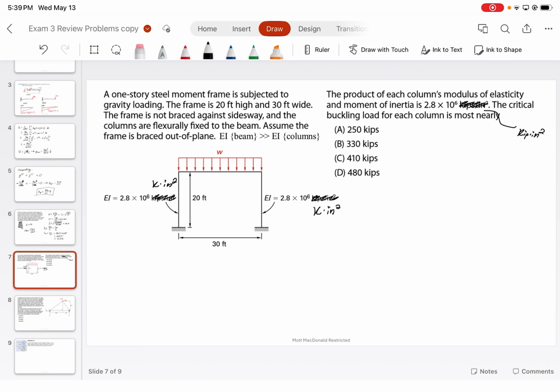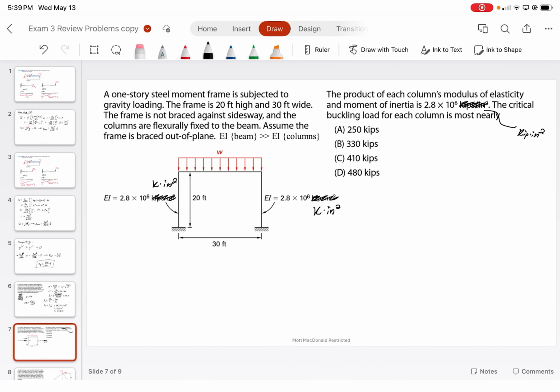Is there going to be a frame problem on the exam? This is not even a frame problem. Think about it, it's actually a column buckling problem. And no, there's no frames on the exam, because frames are a little too complicated. I did put a frame problem on the optional homework 11, if you guys happen to take a look at that. But you won't see a frame problem on the exam because there's not enough time for you to be able to solve it.